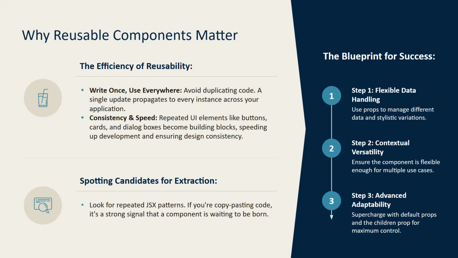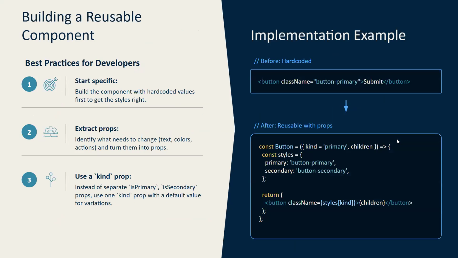First, we make the component flexible with props so that it can handle different data or styling variations. Second, we make it versatile enough to work in multiple contexts and not just for one specific screen. And third, we can make it even more adaptable with defaults and the children prop, which give us more control over what gets rendered inside the component.